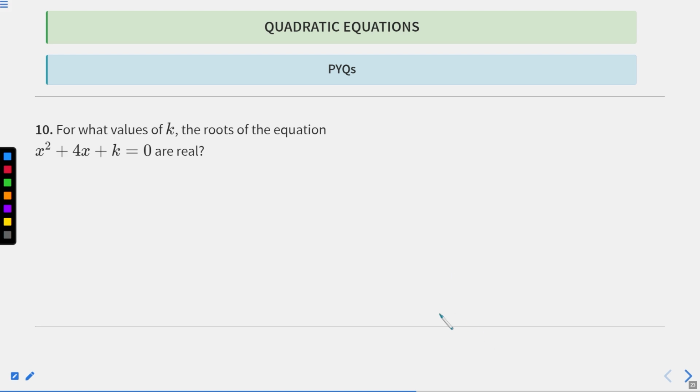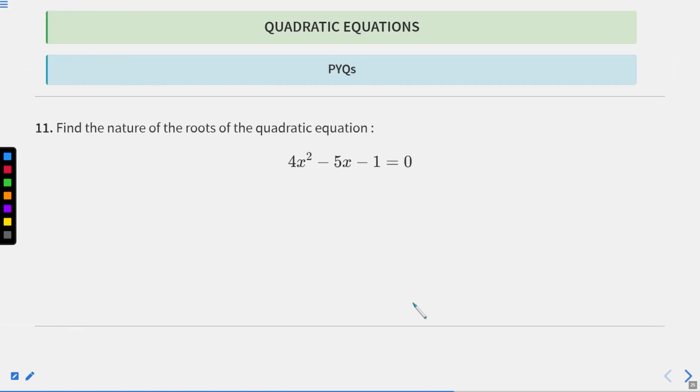Okay, so now let us move to question number 11. Here we have to find the nature of the roots of the quadratic equation 4x square minus 5x minus 1 is equal to 0.